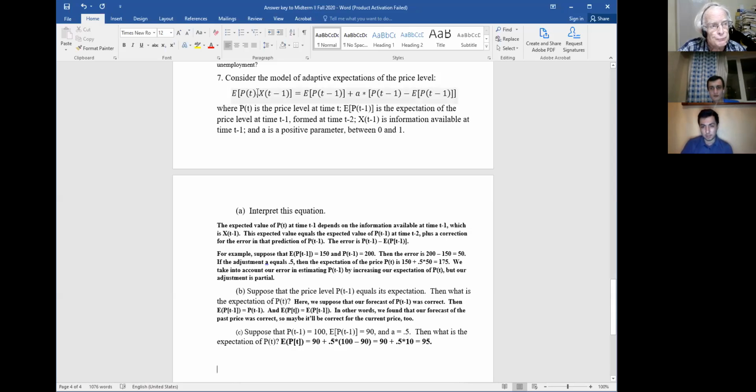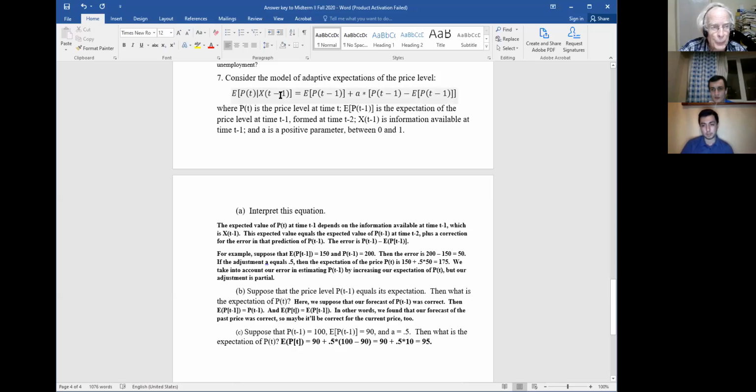The vertical line here indicates that we are given information that we will use in the expectation. In this case, the information that we are given is old information. We form an expectation of the price at time t by using information that was true at time t minus 1.